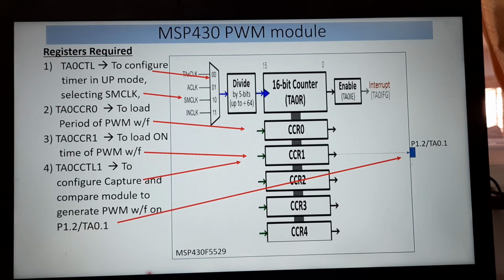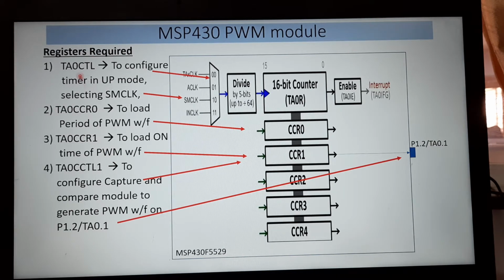We have already seen this block diagram. This is the timer block diagram. Here you have the timer module, and down there you have the capture and compare registers. TA0 has 5 capture and compare registers. I'm going to use the CCR1 capture compare register to generate the pulse width modulated waveform.